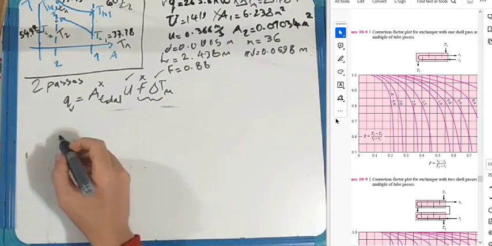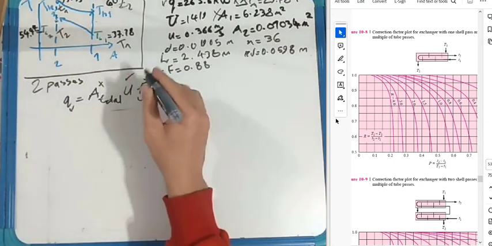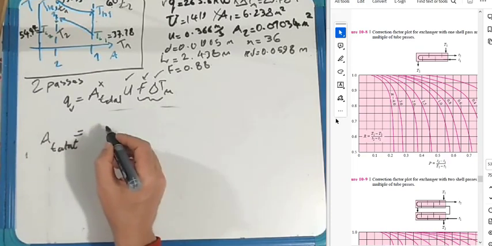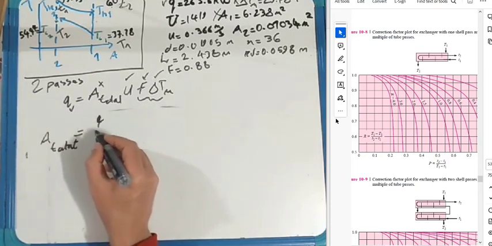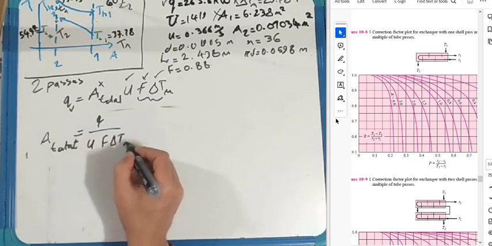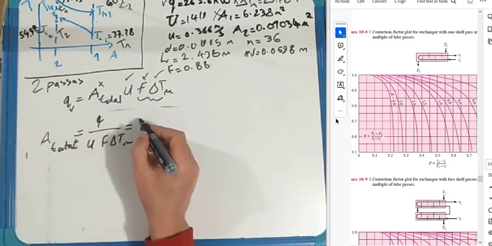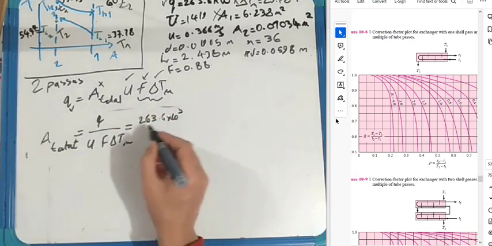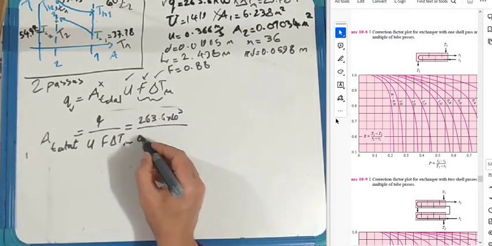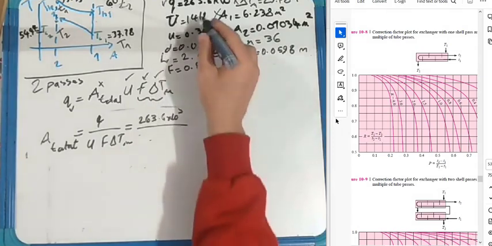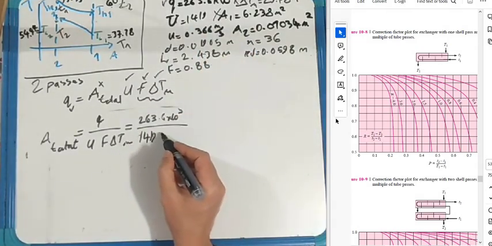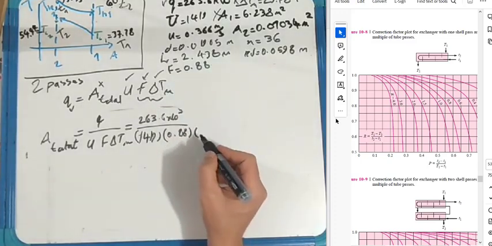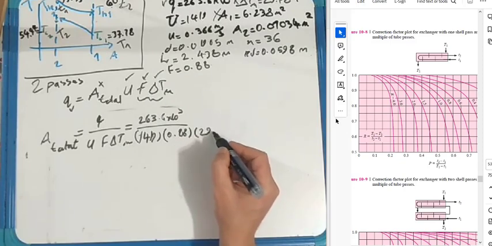Now I have F, and now I can calculate A total, which would be Q divided by U F delta Tm. If I put the values, 276.6 divided by 19, F is 0.88, and delta Tm is 29.78.